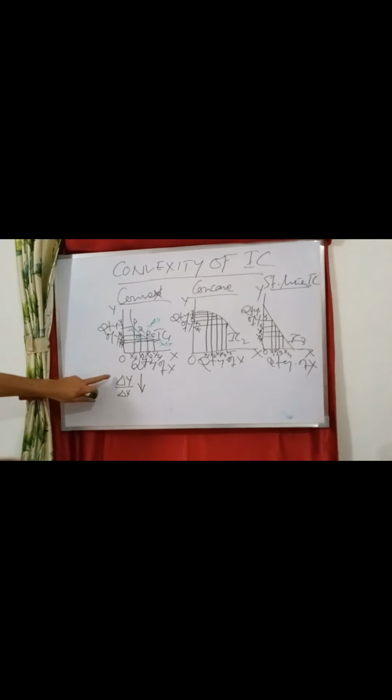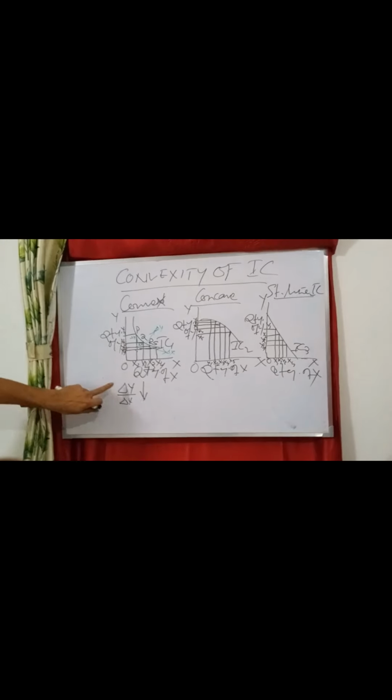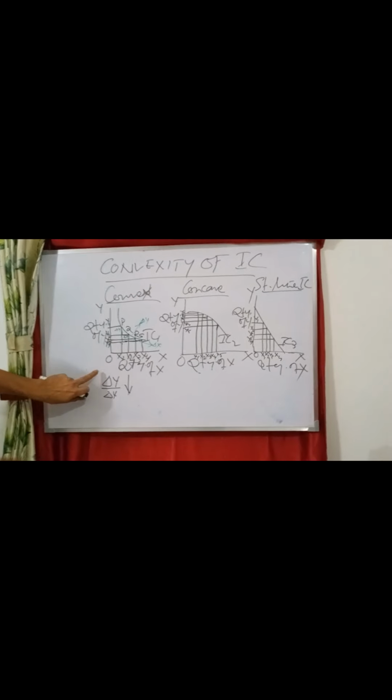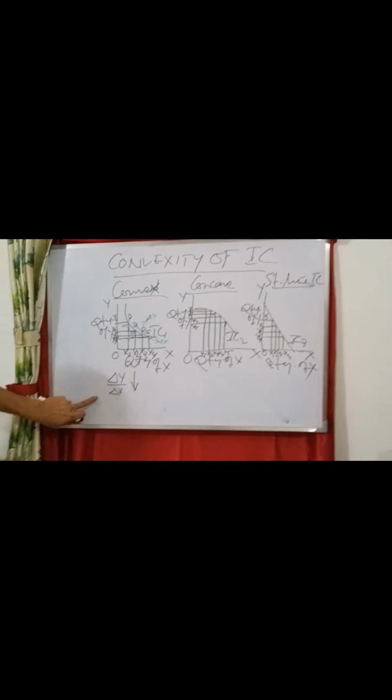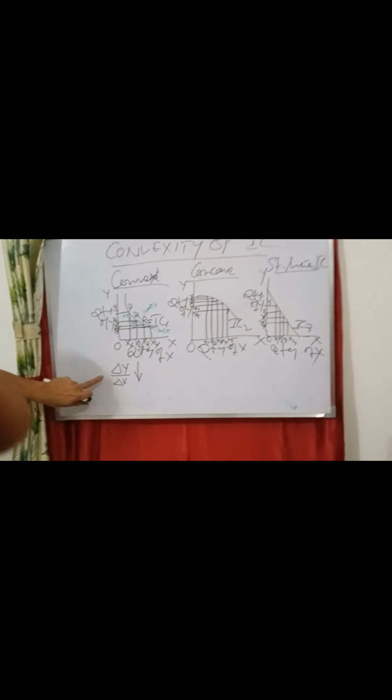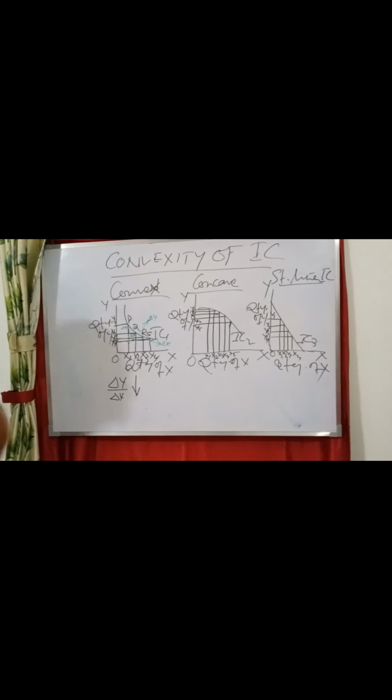And what is delta Y by delta X? It is nothing but marginal rate of substitution, that is the rate at which one commodity is substituted for another commodity.